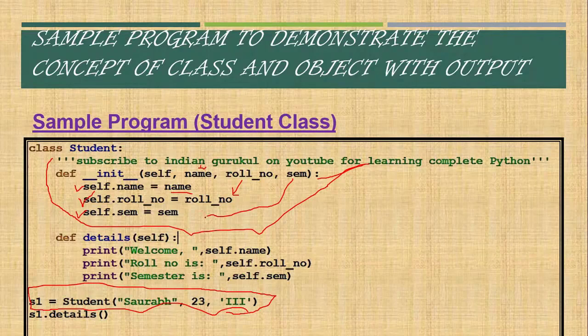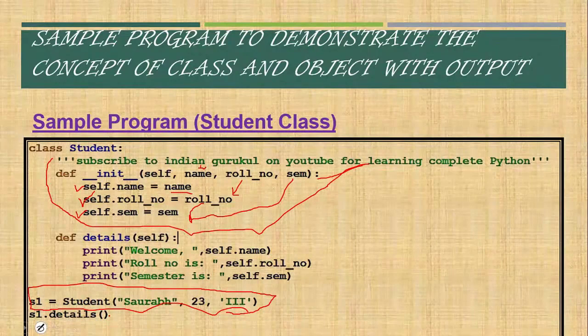The details method must be called explicitly because it is not the constructor method, so we will need s1.details over here.